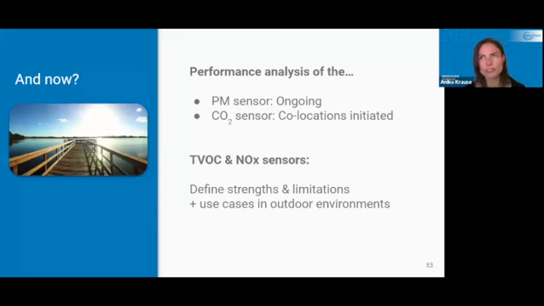So we're still in the process of looking at the strengths and limitations of using these sensors in an outdoor environment, and also deriving from that the use cases. When does it make sense to measure it, for which kind of questions, and when doesn't it? The use cases for indoor environments are already a bit better defined, I guess. So there we are a little bit more at the start of the process, I would say.